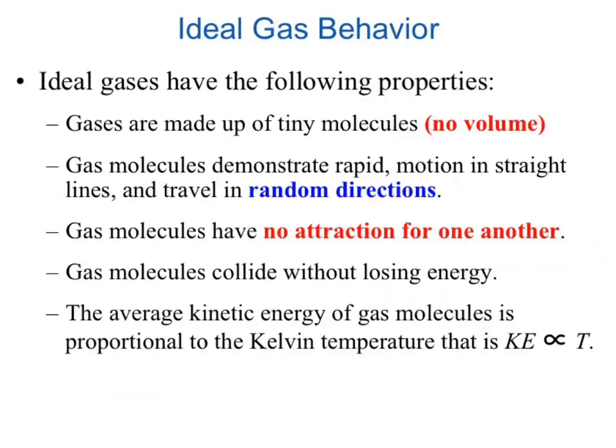And that's one of the other things here, that when they collide, there is no loss in energy. So it's a complete elastic transition. Hit, completely bounce. Your average kinetic energy of a gas is proportional to the temperature. What does that mean? If I heat up my gas sample, what happens to the amount of energy that gas sample now has? It has more. Okay, that's about it.